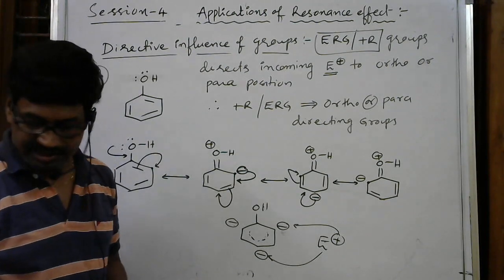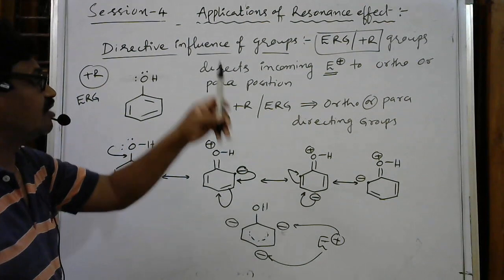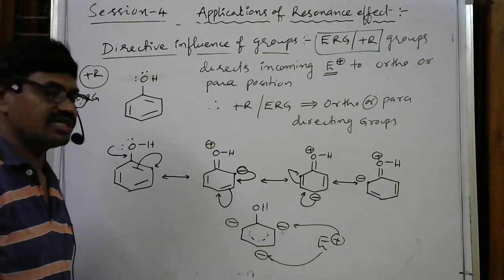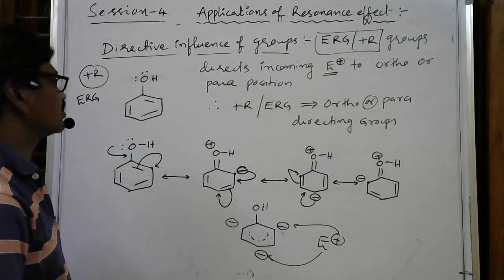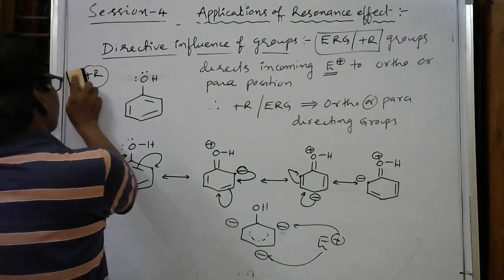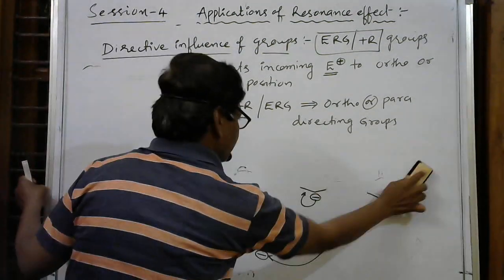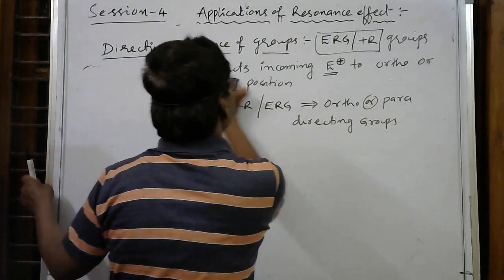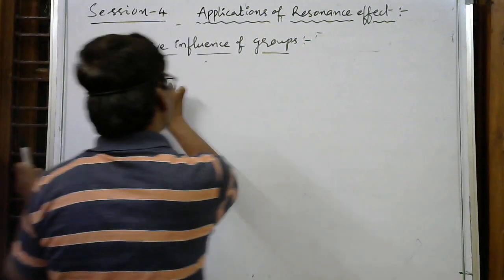Okay. Then one more application is with respect to EWG. If EWG is exactly opposite to this, you can expect exactly the opposite for directive influence. See, the same thing I am writing here. Same like this only, we can write resonance forms. But the only thing here is minus R group.